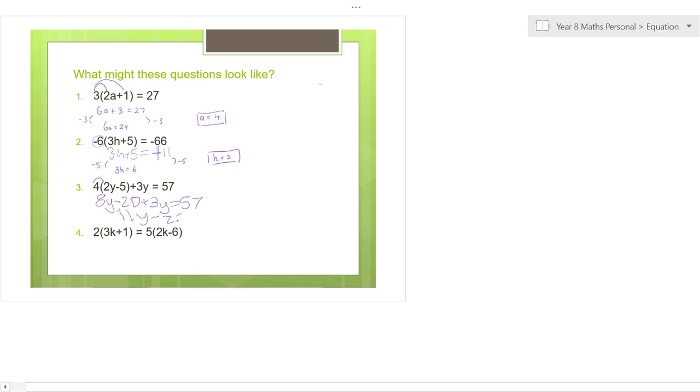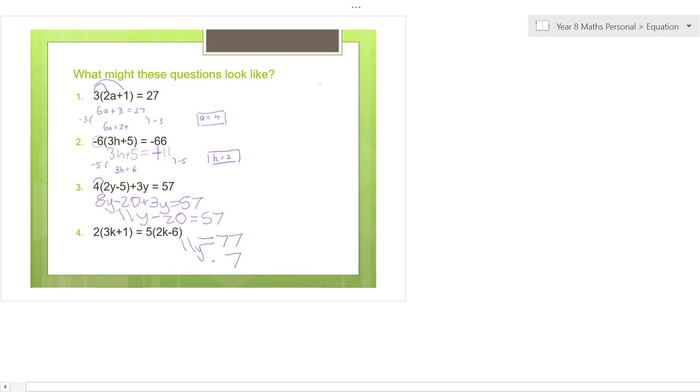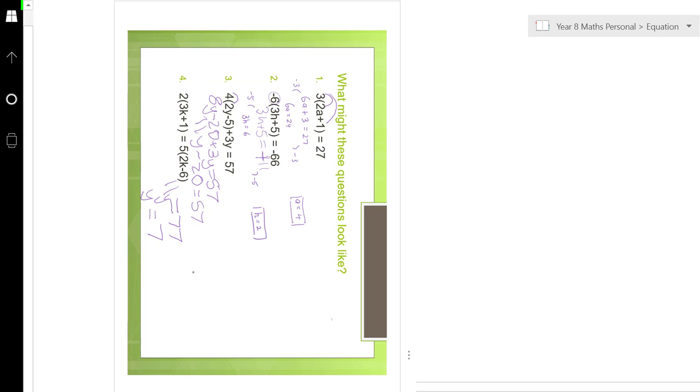Good, minus 20. The minus 20 doesn't go anywhere. Equals 57. And then you add 20 because that's the opposite of minus 20. So that equals 77. 11y equals 77. And then you divide by 11, which equals 7. y is equal to 7. Very good. Went a bit out of control. No, that's okay. It's not that easy, is it?